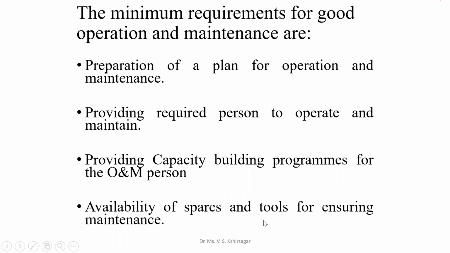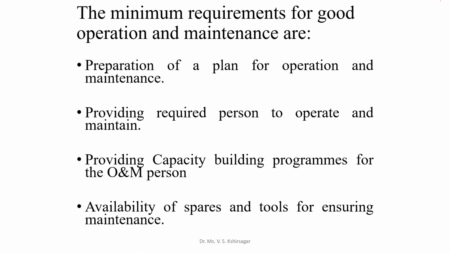Then availability of spares and tools for ensuring maintenance. If the spares and tools are not properly available, it is quite difficult to go for that particular maintenance. बरोबर आहे. Required accessories नसतील. The bicycle is punctured and you may be thinking I need to go for the, म्हणजे हवा भरली पाहिजे त्याच्यामध्ये.